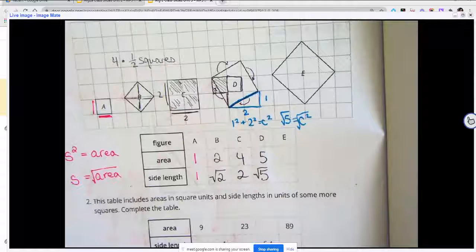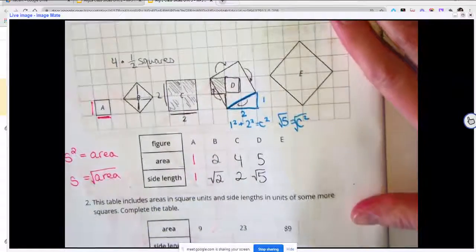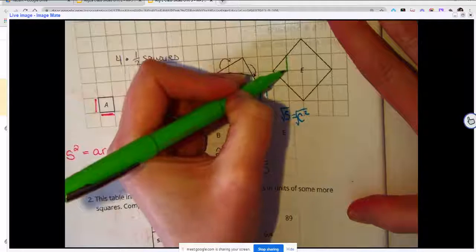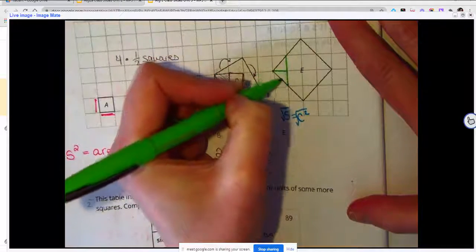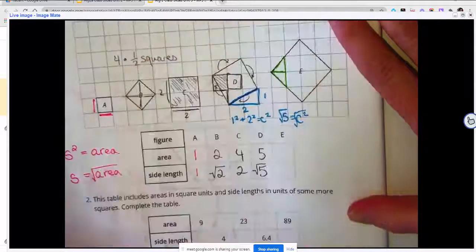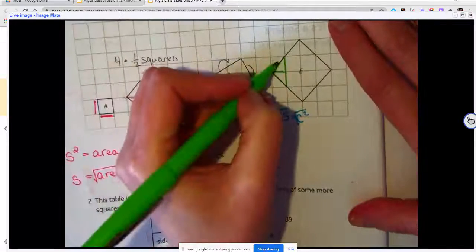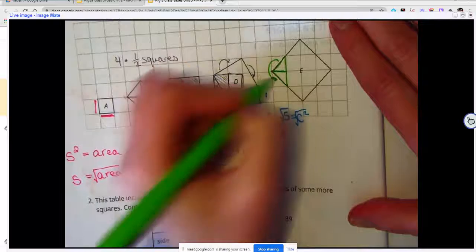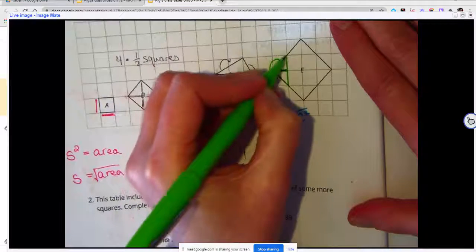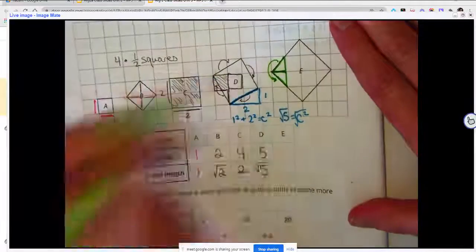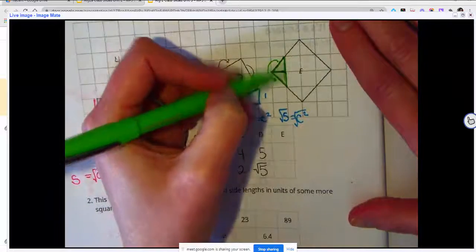Ooh, how about box E? Olivia, would you talk us through what you can see for box E? I saw that the little parts in the corner made up one whole box. Nice. All right. I said that there was 8. Nice. All right. So these two, each of the ones at the corners here, I could swing one around to the other, and it makes up the missing part like that. If they're each a half of a box, together it's one whole box.